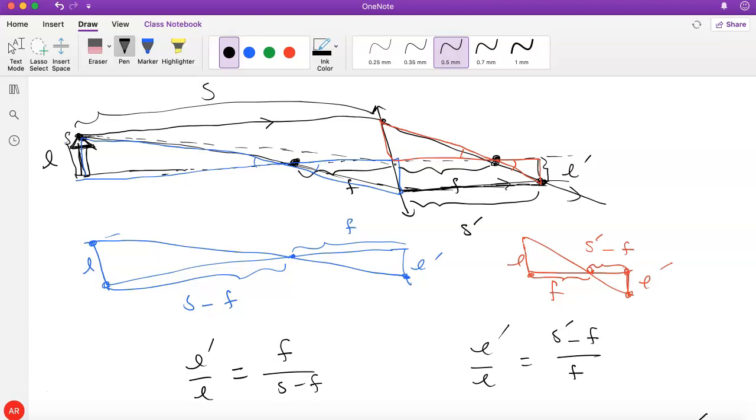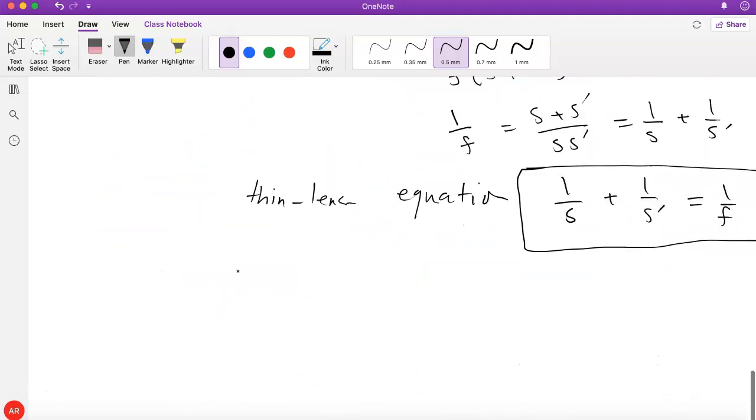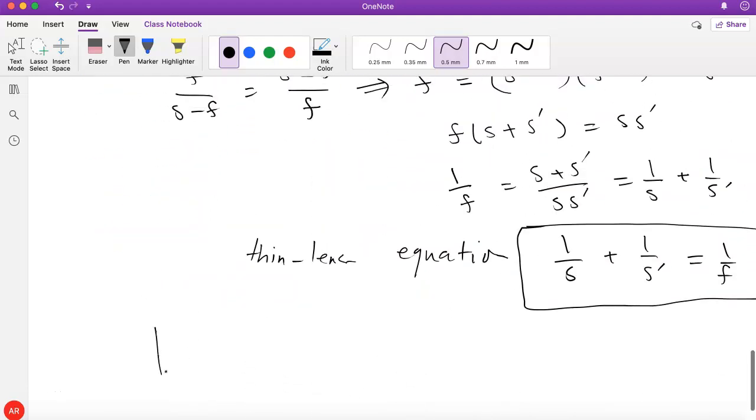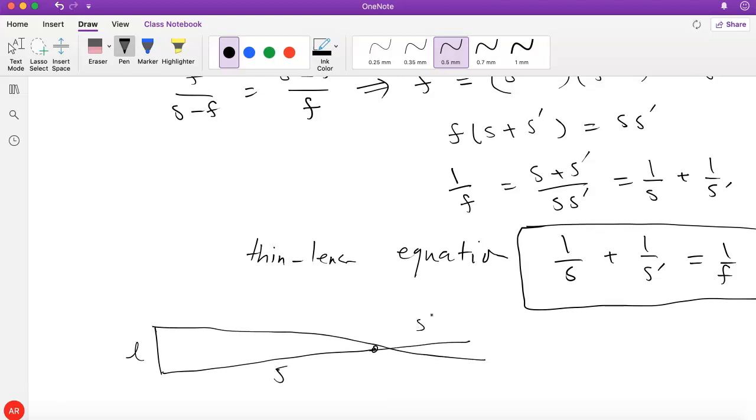So what is the condition that this goes straight? On this side, we're going to have length L and S, the distance between the object and the lens, and on that side you're going to have S prime and L prime.